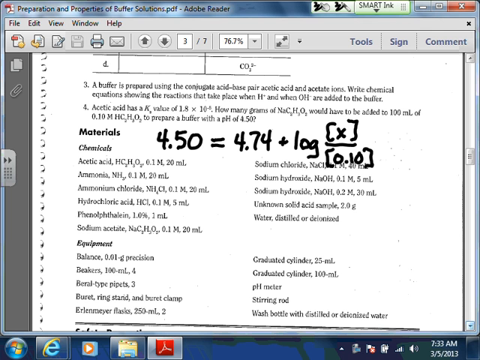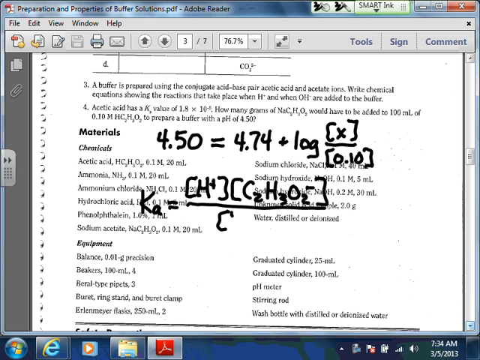Okay. So what we can actually do here is get rid of this log, because that's awkward in this equation, is we can 10 everything, or you can kind of remember where this equation came from in the first place. It really comes from the Ka expression, right? So Ka is equal to, in this particular case, H plus times C2H3O2 minus all over HC2H3O2.